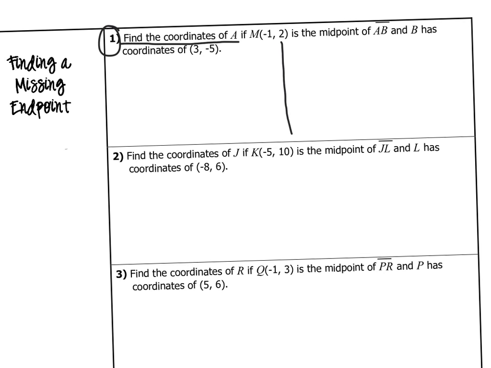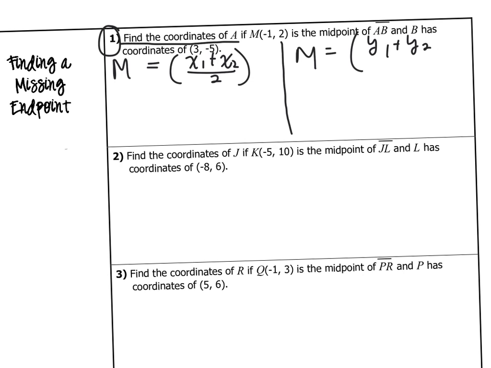I'm looking for my x value and I'm looking for my y value. We know that our midpoint formula asks us to take the x values, add them up, and divide by 2. And it also asks us to take the y values, add those up, and divide by 2.